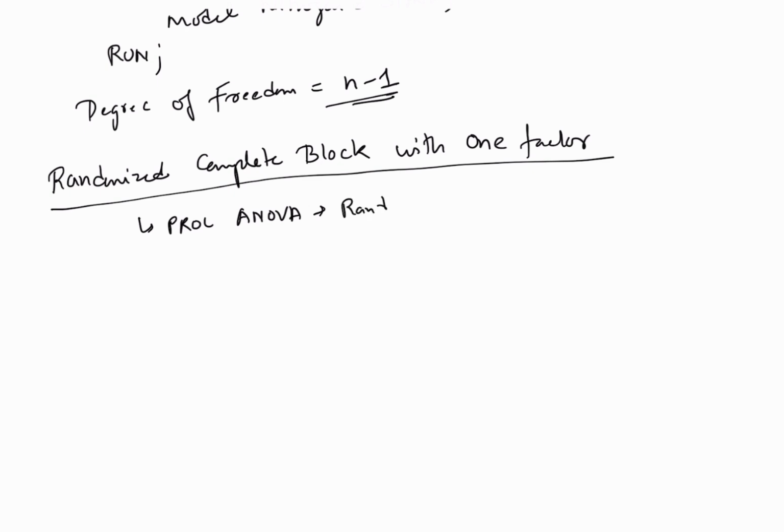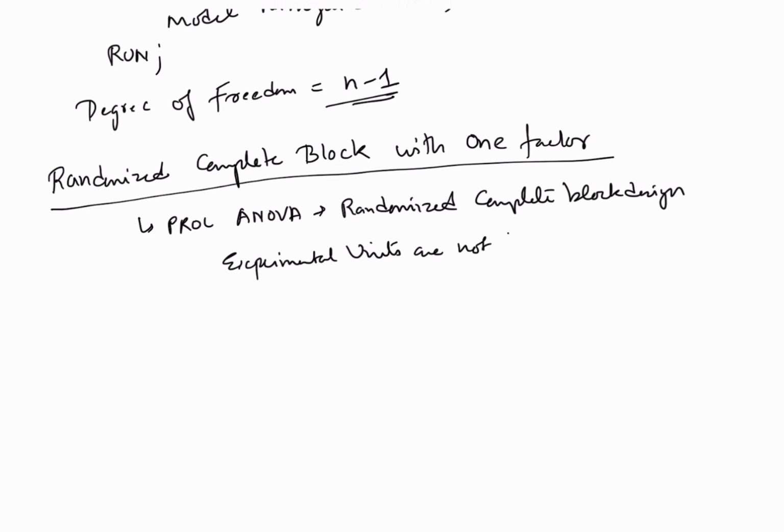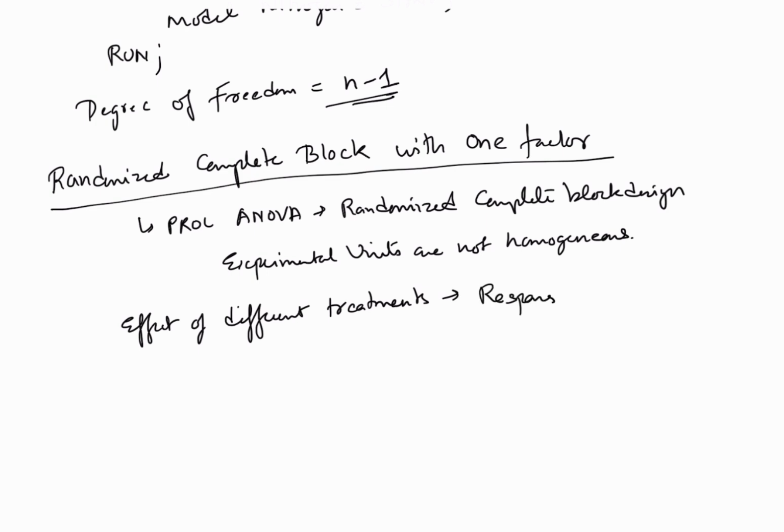It's a randomized complete block design where experimental units are not homogeneous. So the effect of different treatments will be evaluated on the response variable, right? That's what we are trying to do.